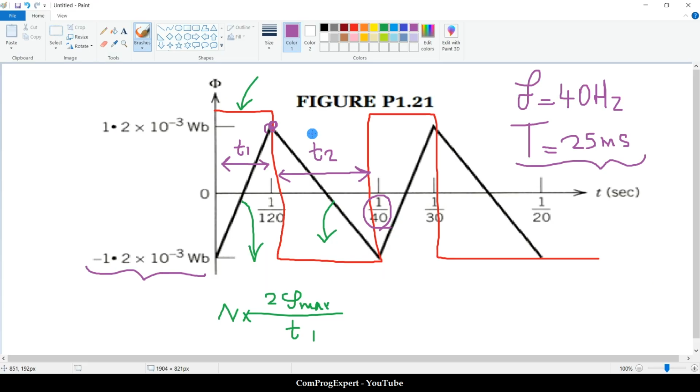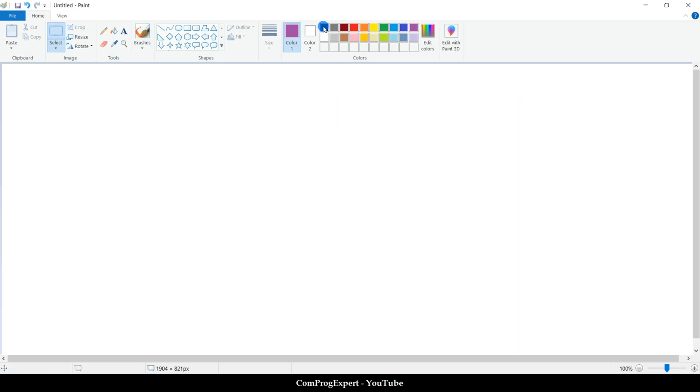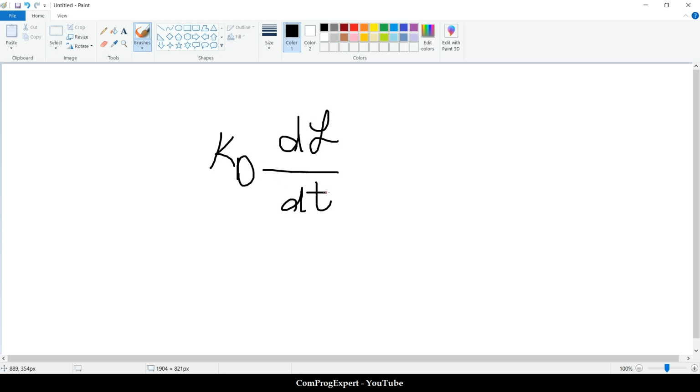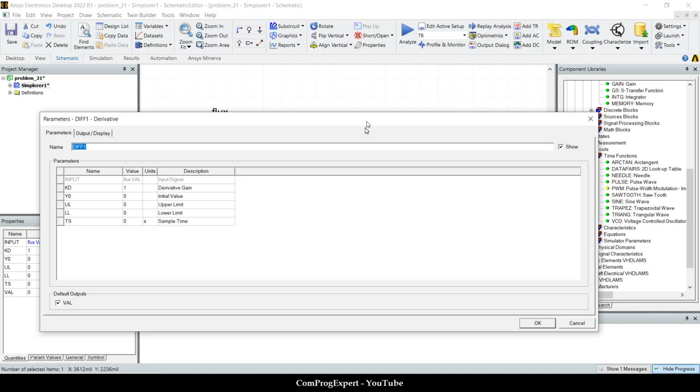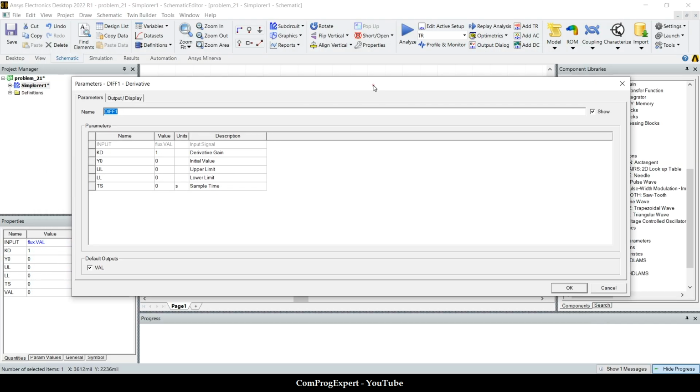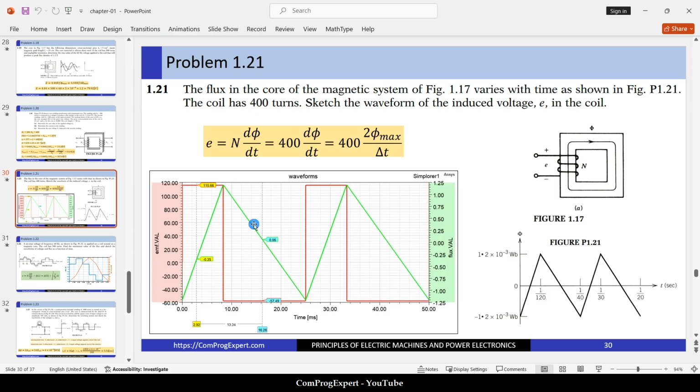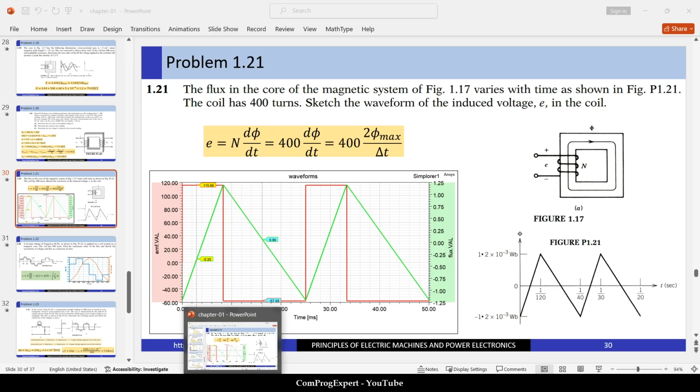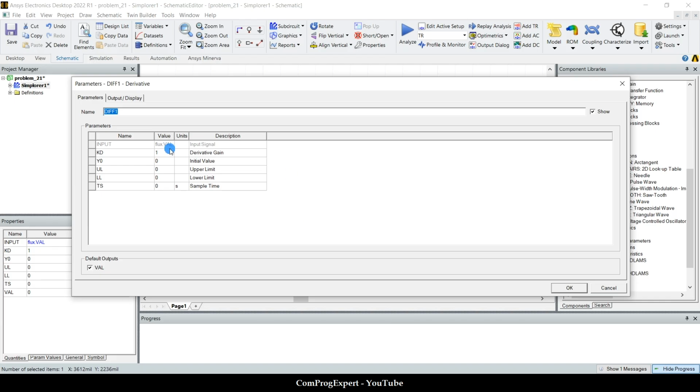In this derivative block, we have a function like this: KD times df/dt, where f is the input function of this derivative block. What is the value of KD? In our case it is 400, the number of turns. So let's set this equal to 400.